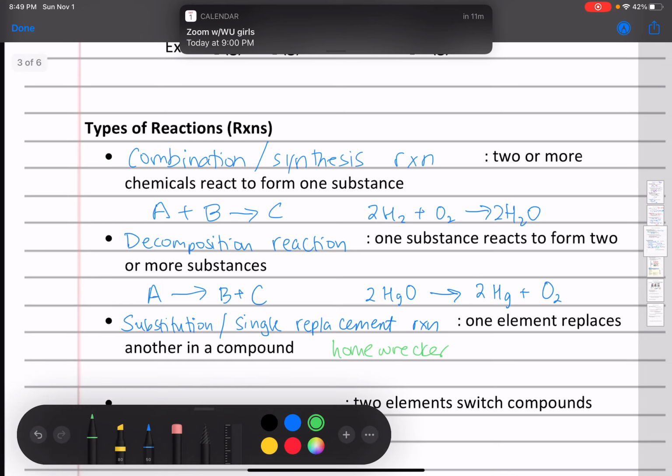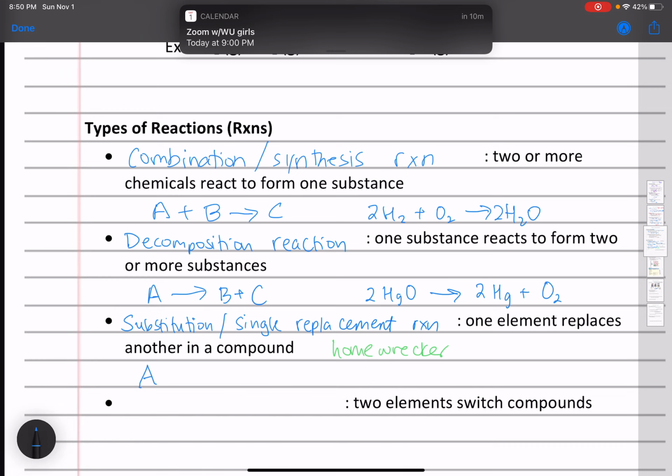So in a single displacement reaction, the generic form of this would be AB plus C reacts to form AC plus B. So in this reaction, you have one element replacing another element in a compound. In this case, C replaces B in that compound. In my mind, C is the homewrecker. C is the single person that comes in and breaks up a happy couple and steals partner A and leaves B kicked out on the street.